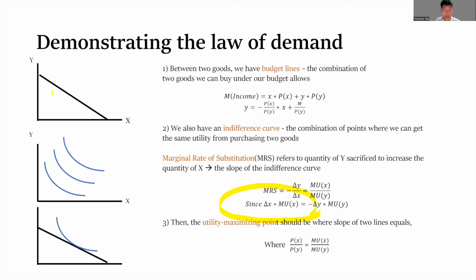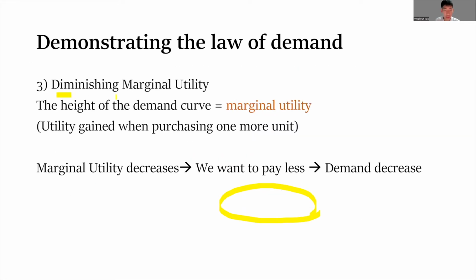The last one is diminishing marginal utility. The marginal utility is the same as the height of the demand curve. The definition of marginal utility is the utility you gain when you purchase one more extra unit. But we get diminished marginal utilities when we purchase two and three more goods.